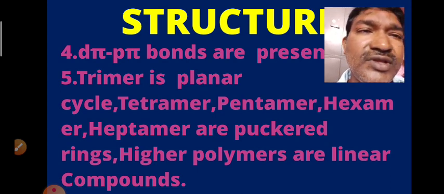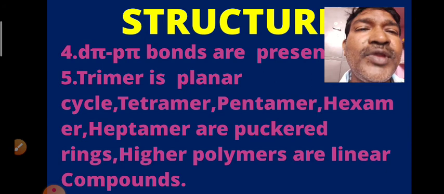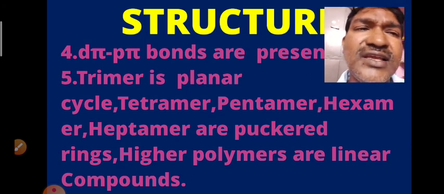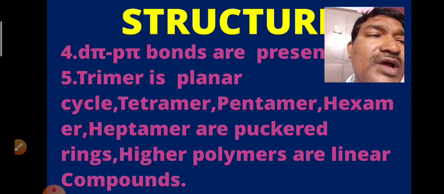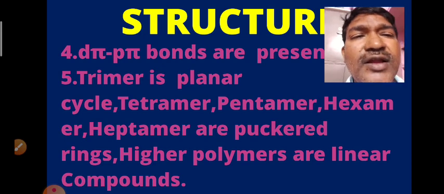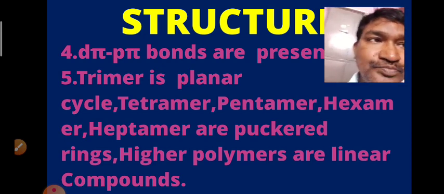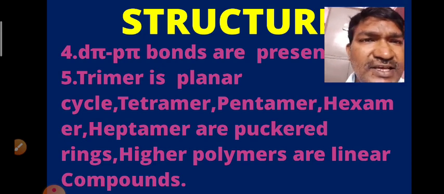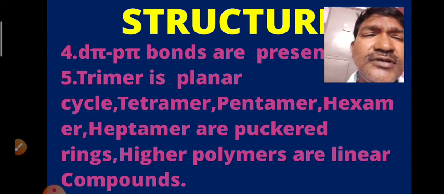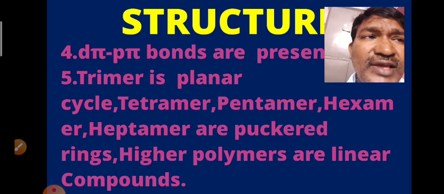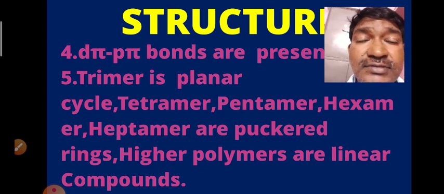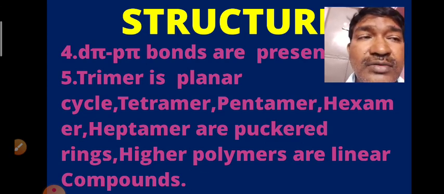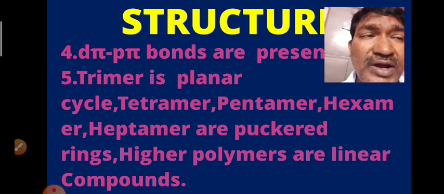Here we have to remember that the trimer is a planar cycle, whereas the tetramer, pentamer, hexamer, and heptamer are puckered rings. We know very well that benzene is a planar hexagon, but cyclohexane is not a planar hexagon. No, cyclohexane has a puckered ring structure.